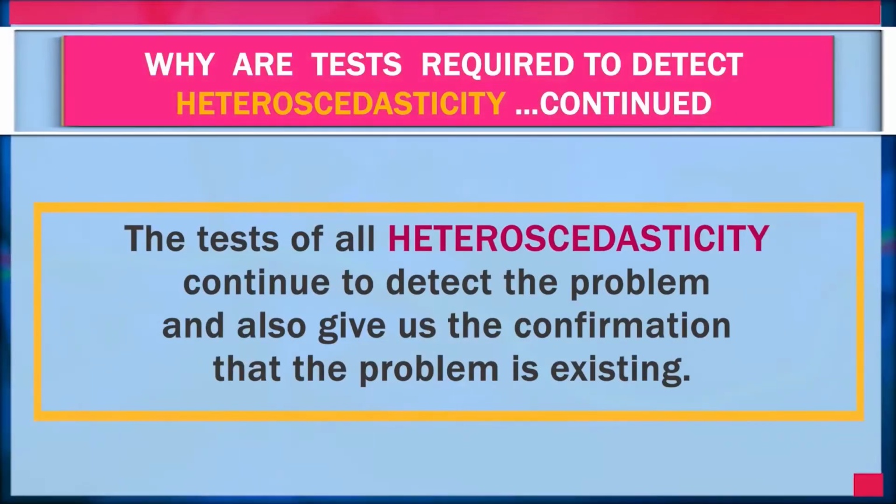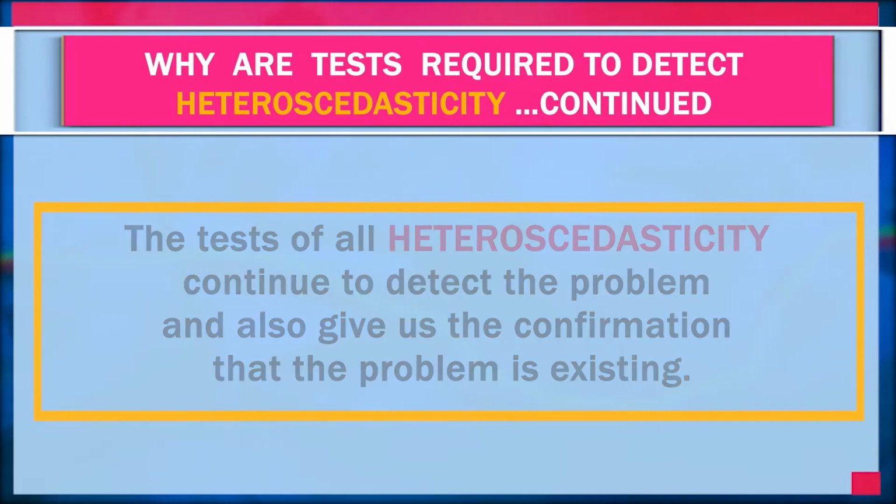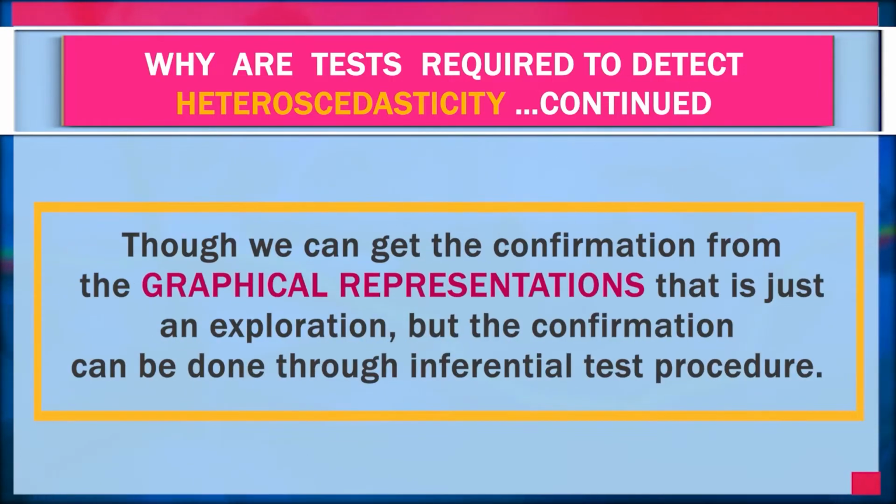Thereby the tests of heteroskedasticity detect the problem and also give us confirmation that the problem exists. Though we can get an indication from the graphical representations, that is just an exploration, and the confirmation can be done through an inferential test procedure.